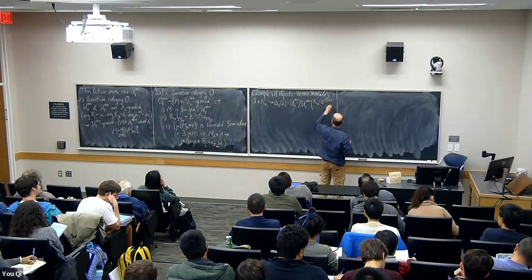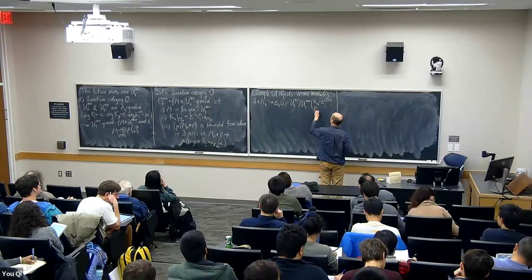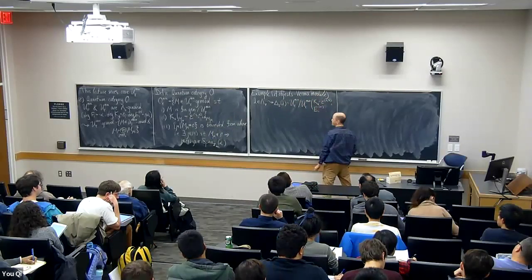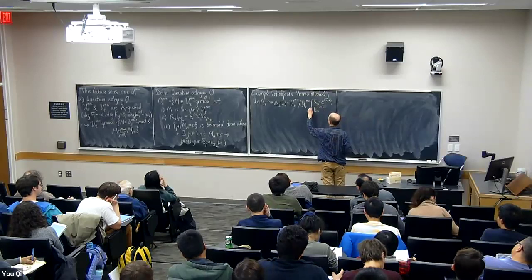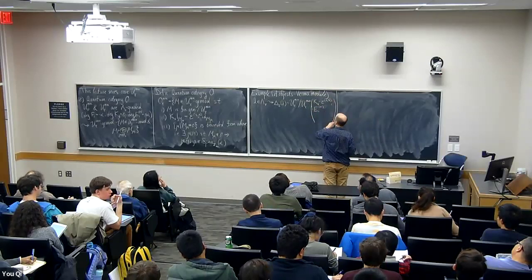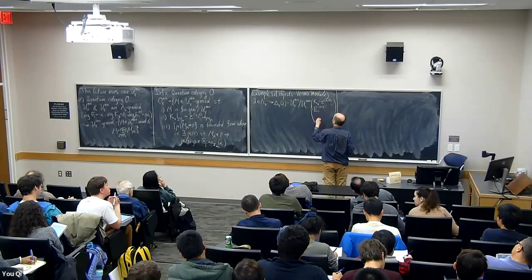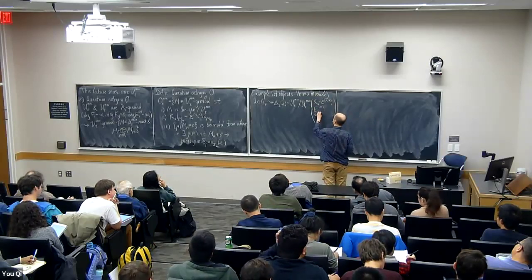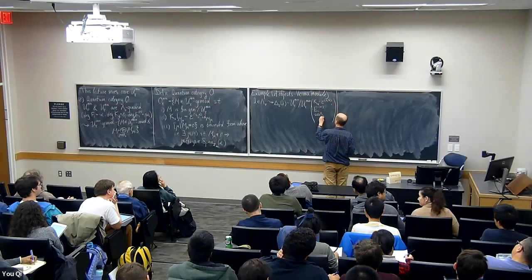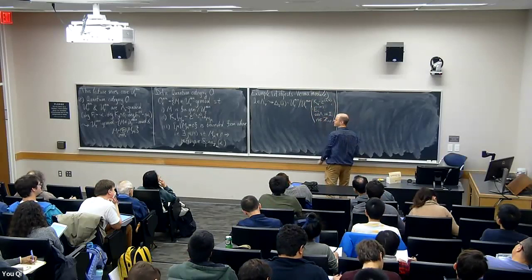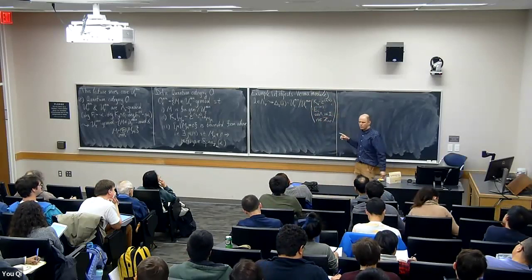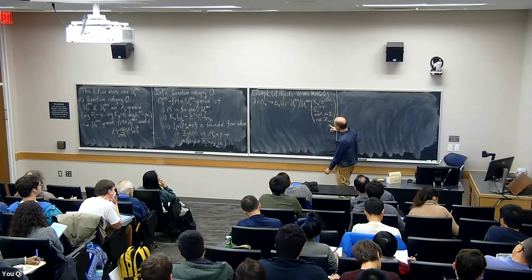And I want elements e_i divided power n. And here nu runs over lambda, i runs over I, and n is any positive integer. Okay. What's the point?